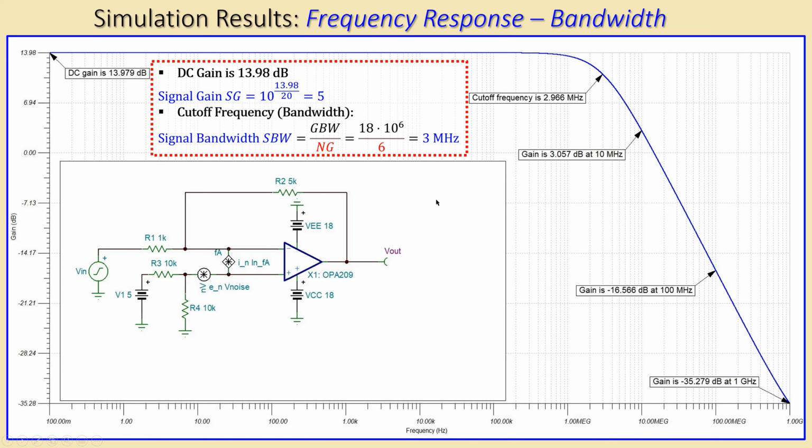We also need to check that our assumption of a first order system is valid. What we need to do is just look at several values in our plot. For example, at 10 megahertz, I see it is approximately 3.06 dBs. Now to have a first order system, this line needs a decrease of 20 dB per decade. So the slope must be minus 20 dB per decade.